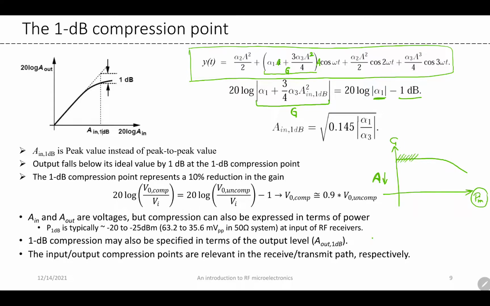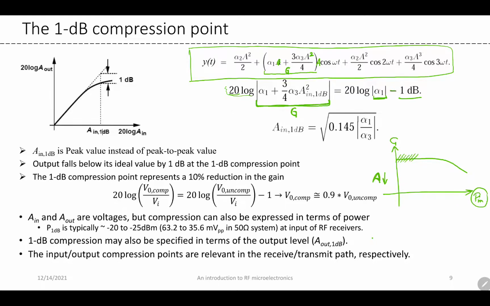So what we are saying is that the 1 dB compression point is the point at which the gain, expressed in dBs, is, with a 20 log since we are talking about amplitudes and not powers in this case, equal to the small signal gain minus 1 dB.